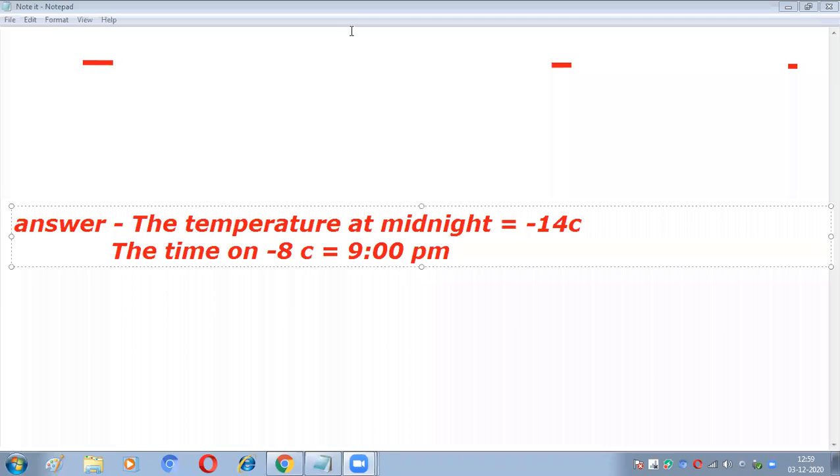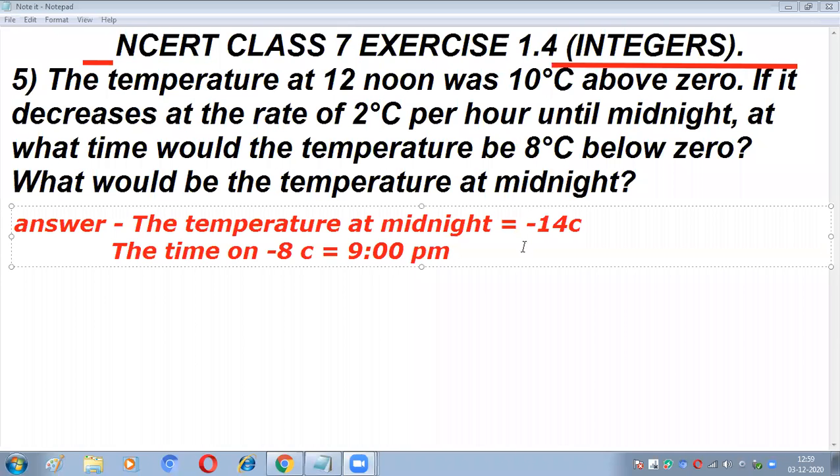So these two statements are the last statements, so please note them down.